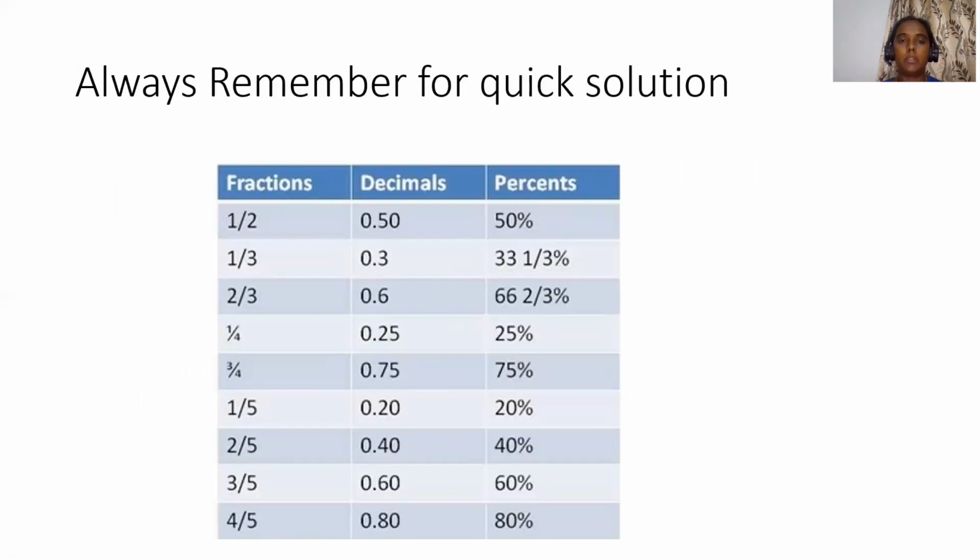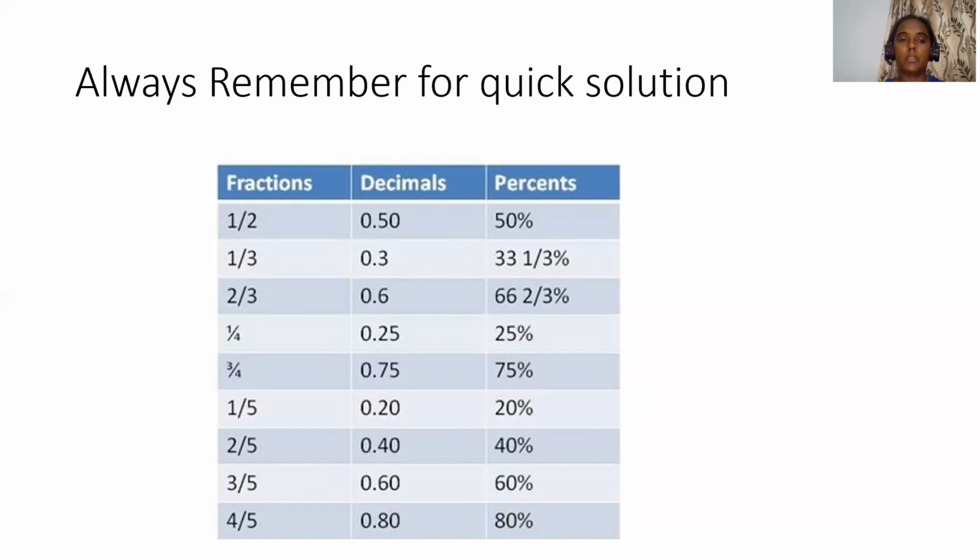You need to remember a few numbers for a quick solution while solving aptitude problems related to percentage. Some simple fractions like half, 1 by 3, 2 by 3, 1 by 4, 3 by 4. What are the percentages for these? It helps a lot to achieve a solution quickly and not waste too much time.